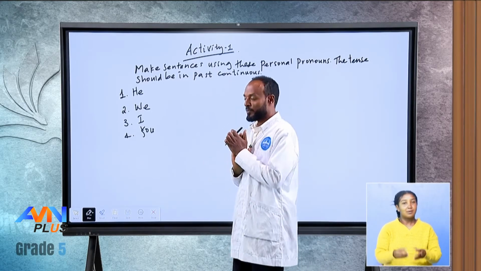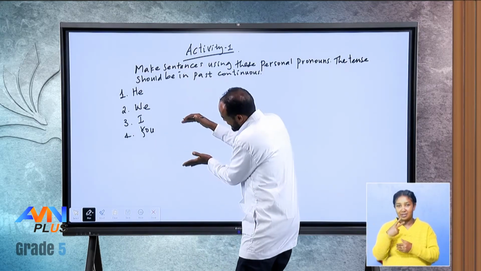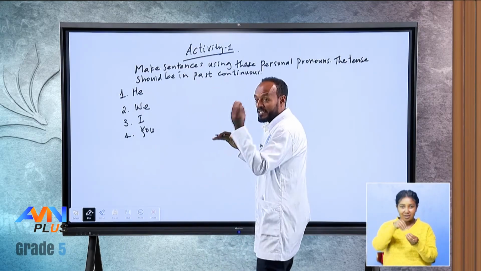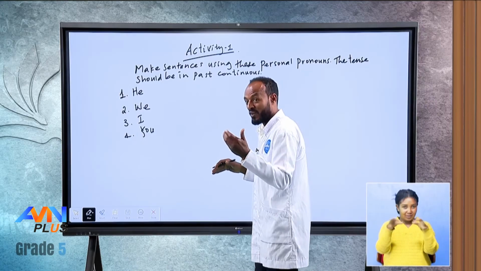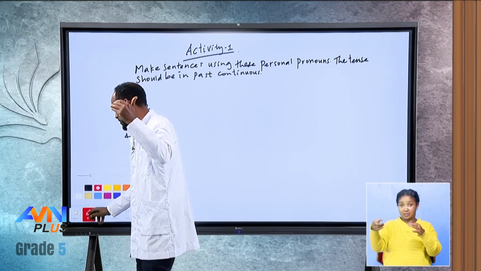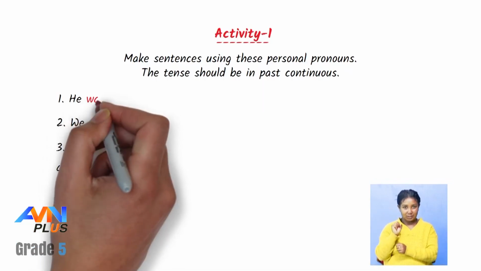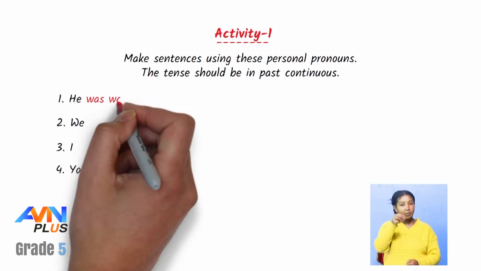Well done. Bravo. I hope you did it because it is very simple. When we make the sentence, what are we doing? The positive or affirmative sentence. Since it is affirmative, it should be followed with he was. Look, he was.